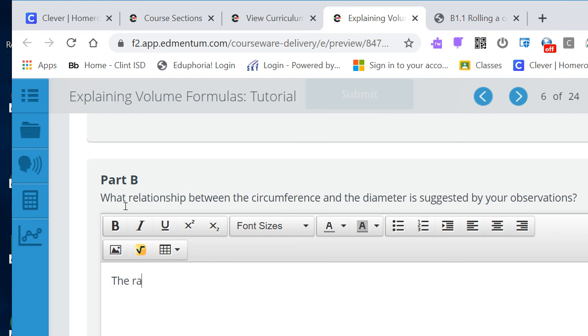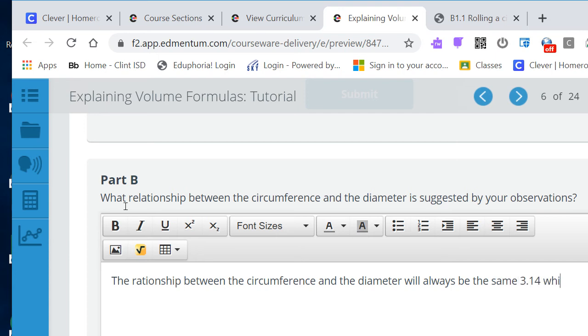So then you can put that the relationship between the circumference and the diameter will always be the same, 3.14. Which in math, we know it represents pi.